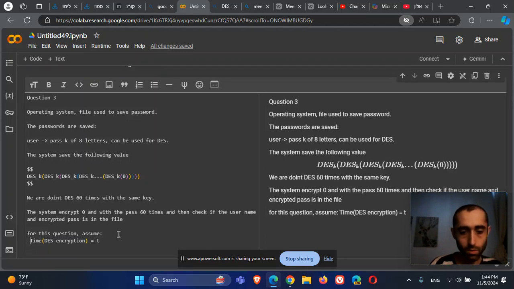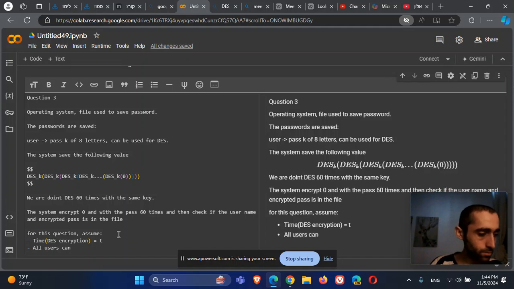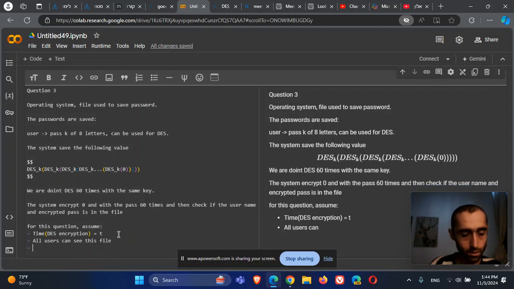This is one assumption. All users can see this file. There are n users in the system.